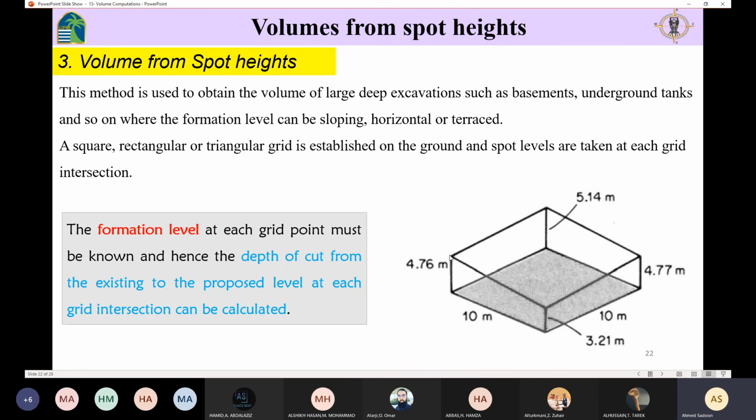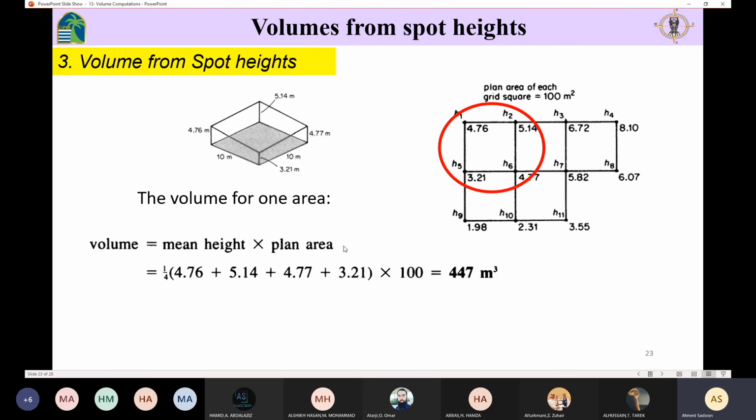So the difference between the existing reduced level and the formation level is going to give me the depth of cut. Then after I determine the depth of cut at each intersection, I will be in a position to use this method, to use this formula here.